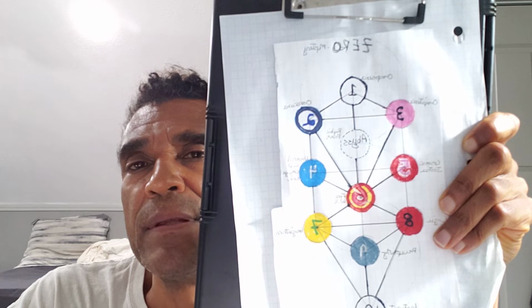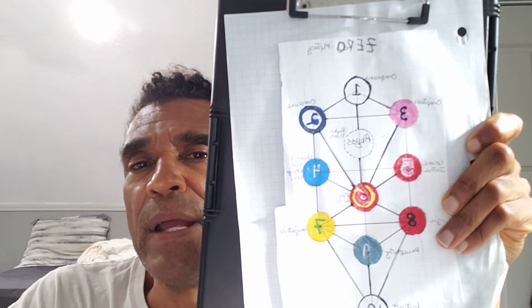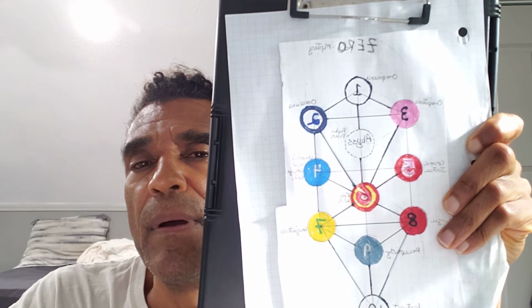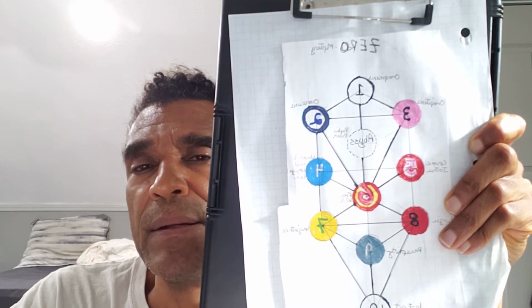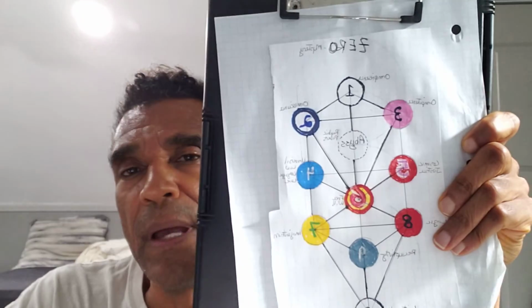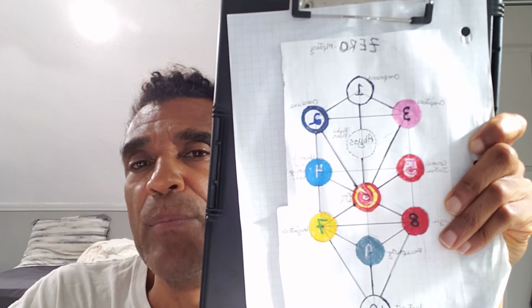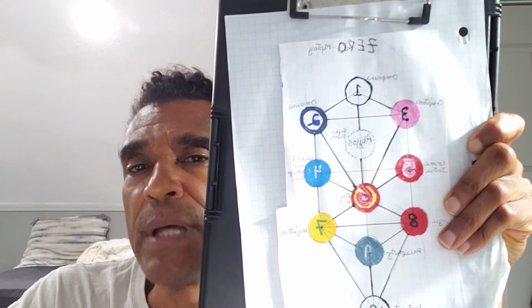I arrived at this model because it's a great thing to use for organization. You organize your mind based on this model, and it helps you to remember things and to prioritize things.